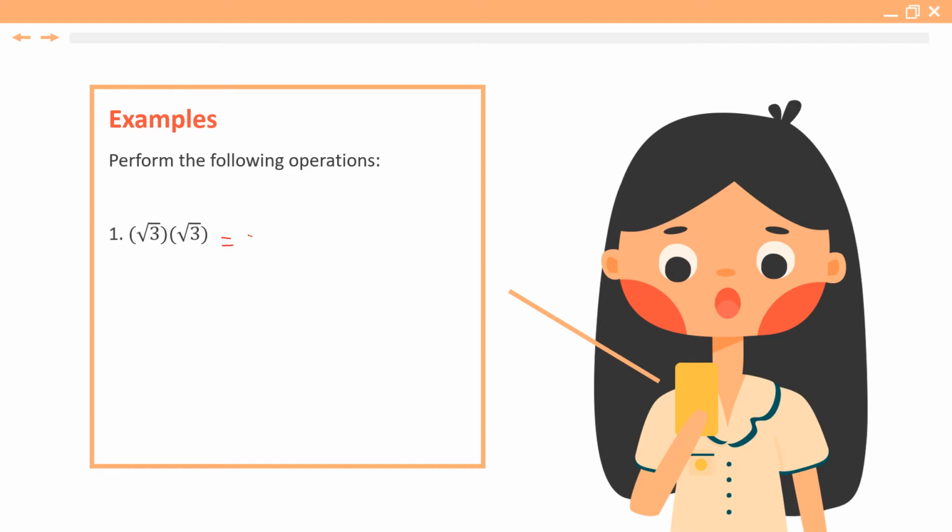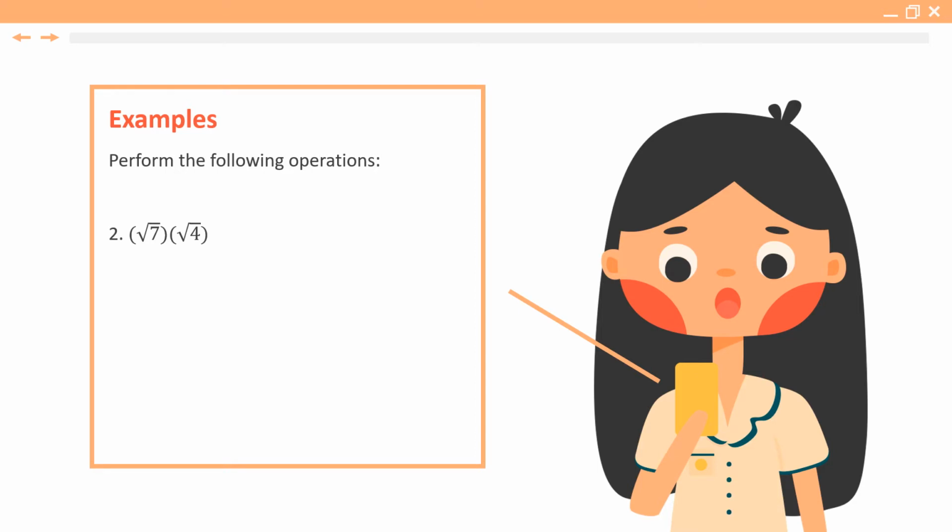So you just have to multiply the numbers inside, and then the square root of 9 is also equal to 3. Since n is even, because the value of n here is 2, since it is a square root, we are taking the absolute value of the square root.